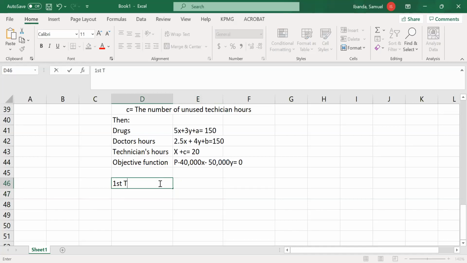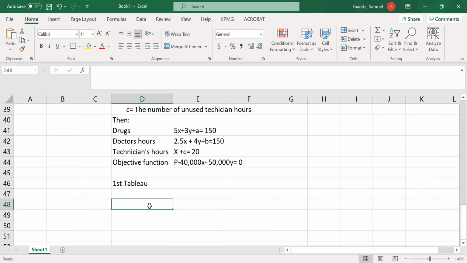So first, the tableau. You can call it a table, but we call it tableau. We usually have variables.